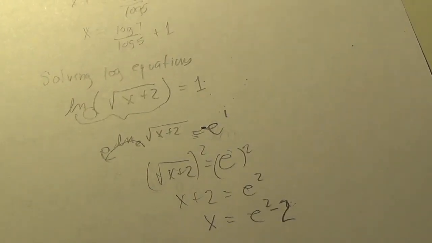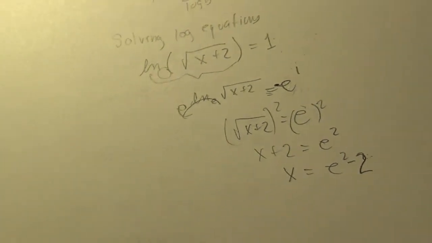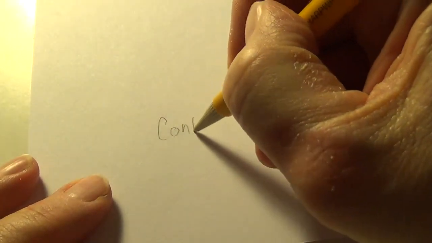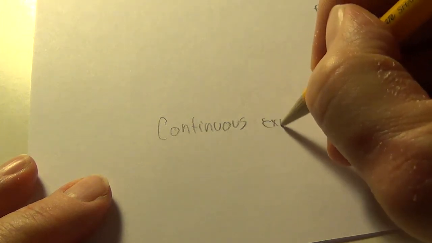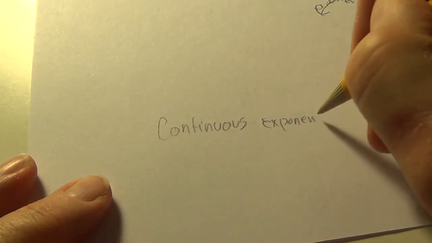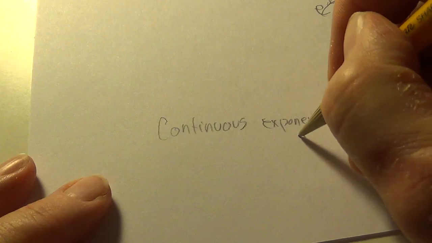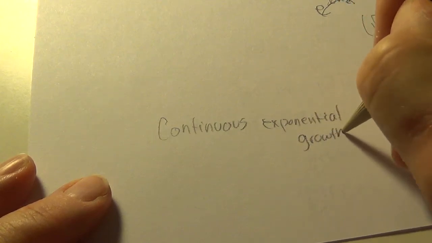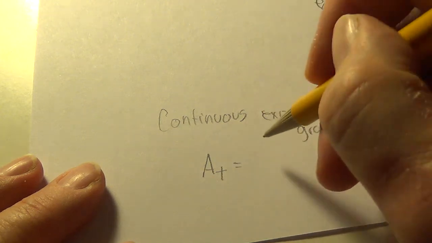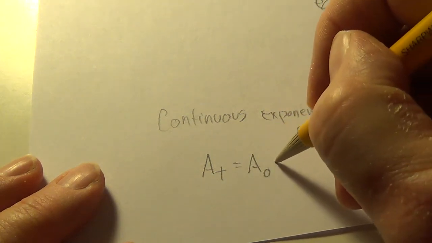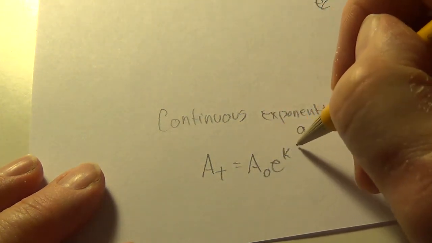All right, when we went on from there, we learned continuous exponential growth. And that looks like this. The amount at some time t equals a sub o e to the kt.